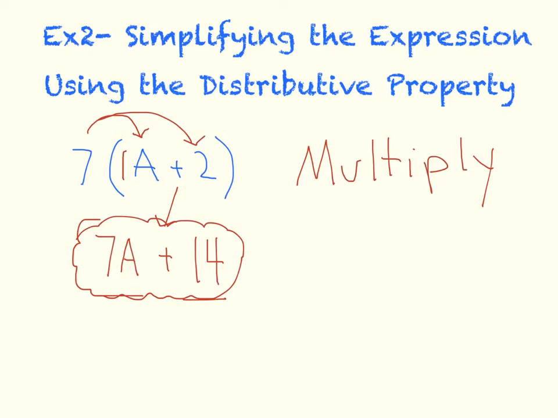The second spot is right here, and this might be the biggest spot that I see students making mistakes. They will distribute this 7 to the 1A, but they will forget to distribute this 7 to the 2. Remember, the word distribute means to pass out, and if you give it to one of the terms, you've got to give it to both. So do not forget to distribute the 7 to both the 1A and the 2.